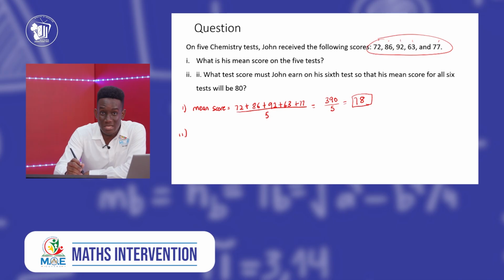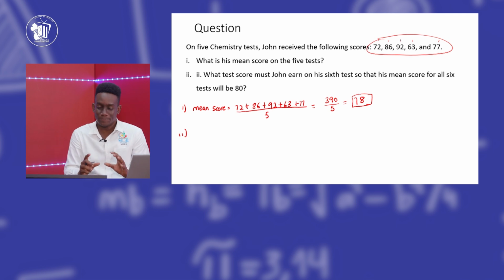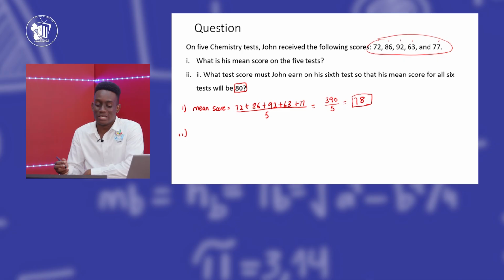If 80 is the mean that we want to have, to find the total sum that we should have, we simply multiply this 80 by the number of scores that we have. Since we want a mean of 80 on 6 scores, we can simply multiply 80 by 6 to get the sum that we must get.